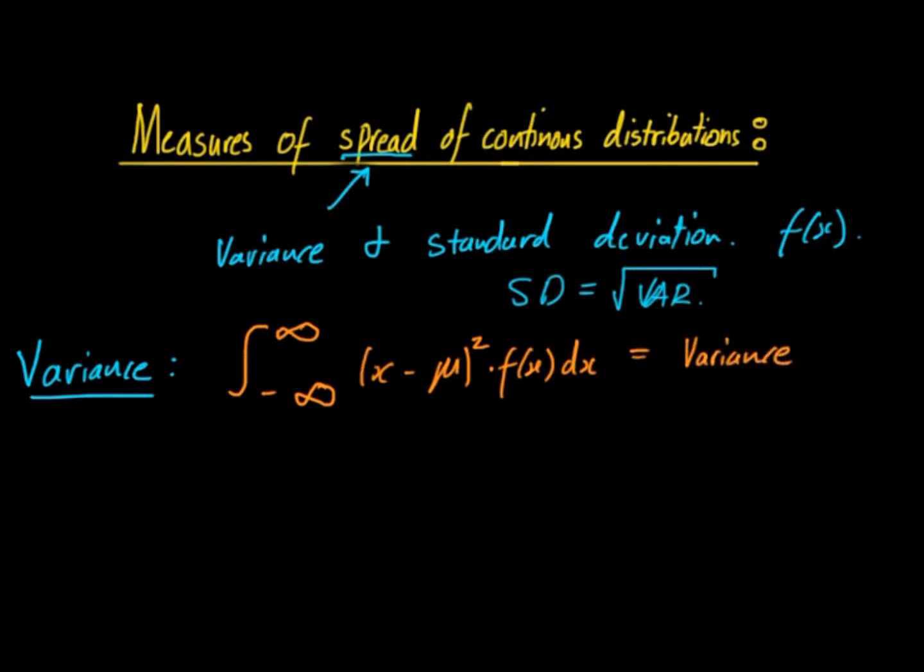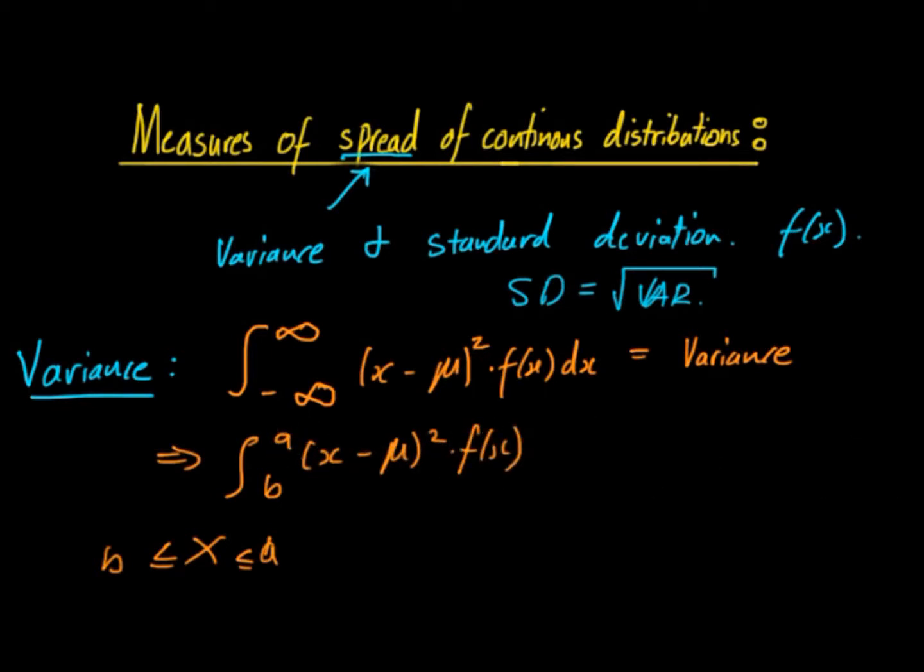You can interchange that, which is equivalent to a and b if x is defined between the domains of a and b. If you remember before with f(x), they can be negative infinity to infinity, or more likely they're defined between two domains. Then you have a and b there, (x minus the mean) squared, and it's the same formula with the limits changed, times dx, and that equals the variance.